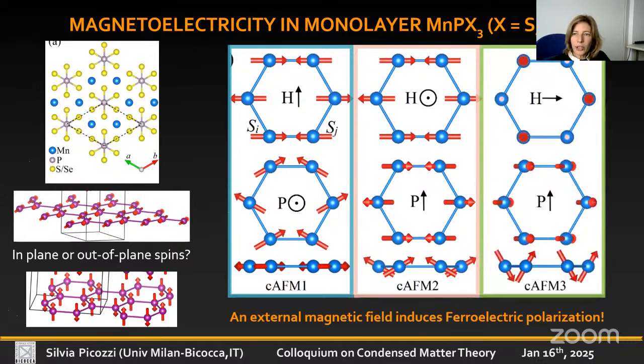Or you can also do this if the spins start by having this configuration, so the spins are perpendicular to the two-dimensional plane. You can still apply a magnetic field in a horizontal direction, which would cant the aligned antiferromagnetic spins. So if you apply a magnetic field, they would cant in this direction. And so in all these cases, we basically calculated polarization as a function of the spin canting angle.